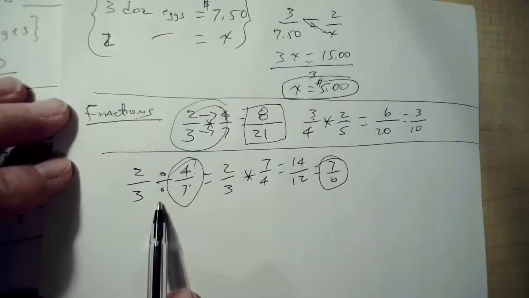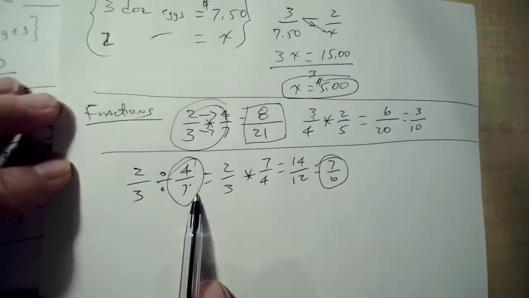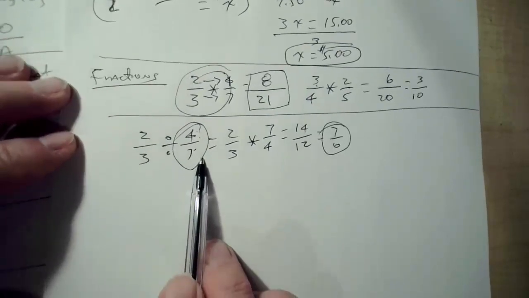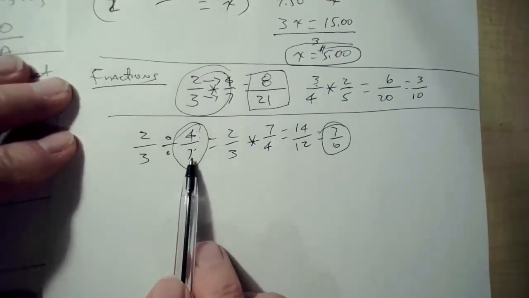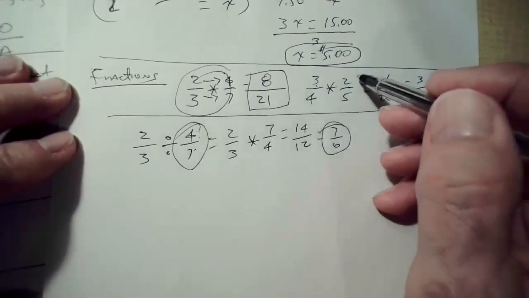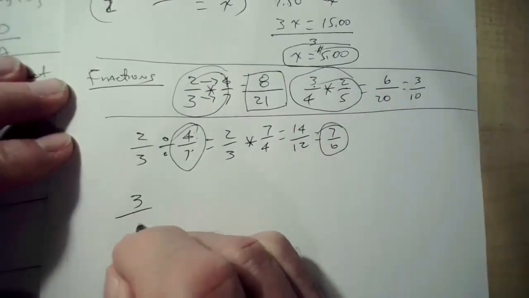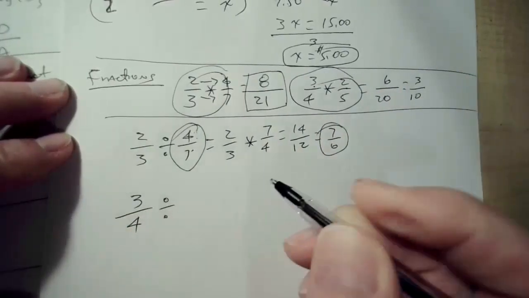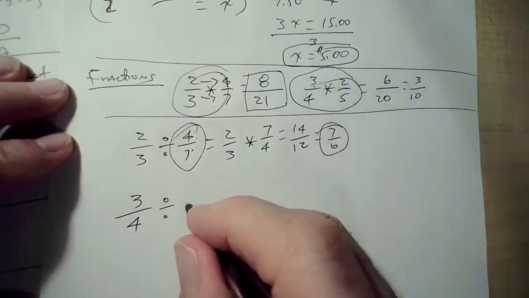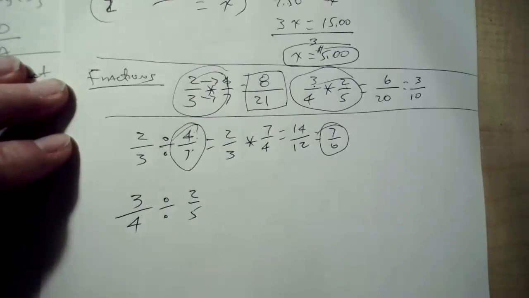Okay, again, how do you divide fractions? You don't. You multiply by the reciprocal. It sounds like some kind of disease, doesn't it? The reciprocal means just flip it over. So let's take this one that we had up here. 3/4 divided by 2/5.